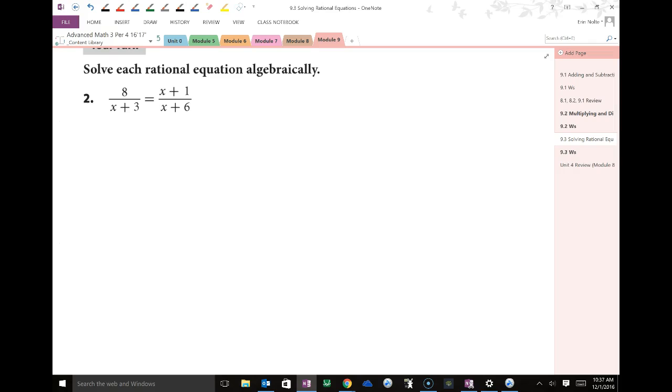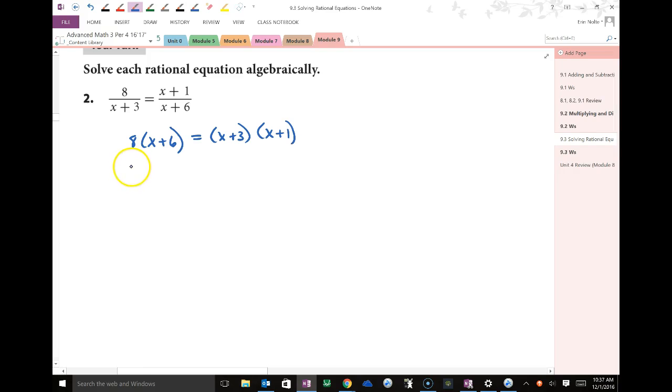Cross multiply. So would everybody agree that I have 8 times the quantity of x plus 6, and that will equal x plus 3 times the quantity of x plus 1. Okay, so that's cross multiplication. Everybody okay there? Okay, now what? Distribute.